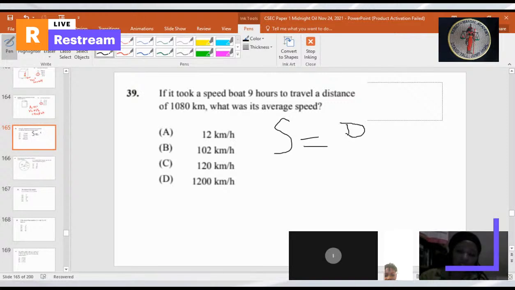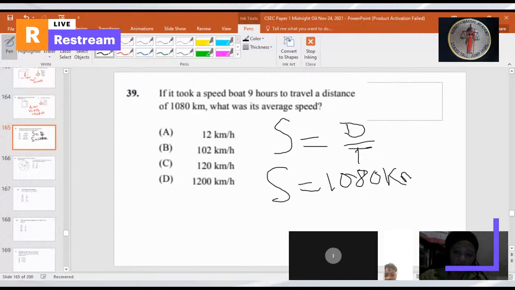Okay, so speed is distance over time, and the distance is 1,080 kilometers, divided by 9 hours.